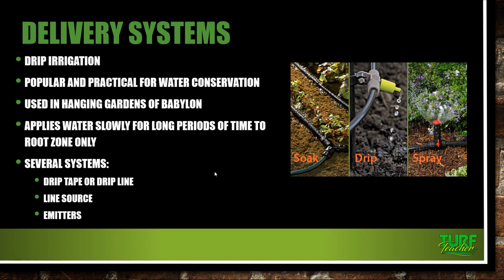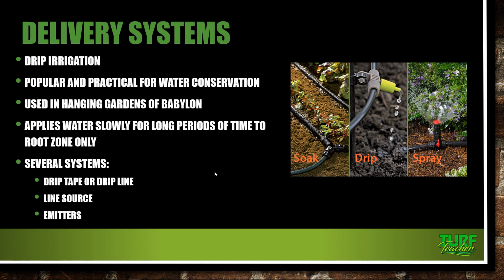The drip is popular and practical for water conservation. It was used in the Hanging Gardens of Babylon, and I hadn't really thought about that since I did the lecture. What is irrigation? The Gardens of Babylon, guys, was the first recorded irrigation system.